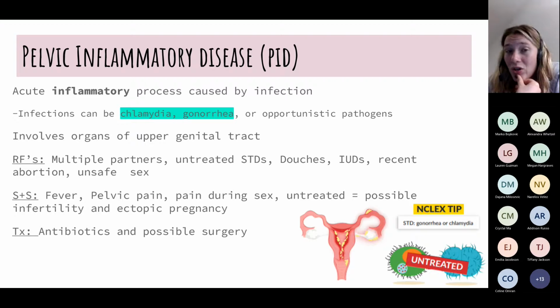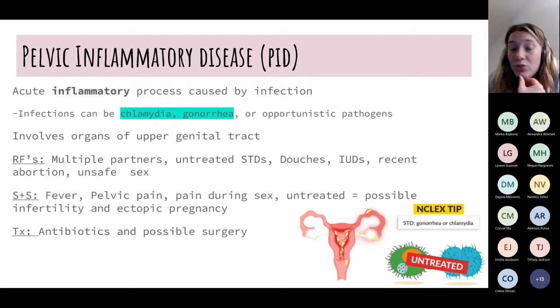It's really important to make sure that if your patient has a history of chlamydia or gonorrhea, that they get adequate treatment. And treatment for these is pretty easy. It's just going to be antibiotics, oral antibiotics, and one IM antibiotic.